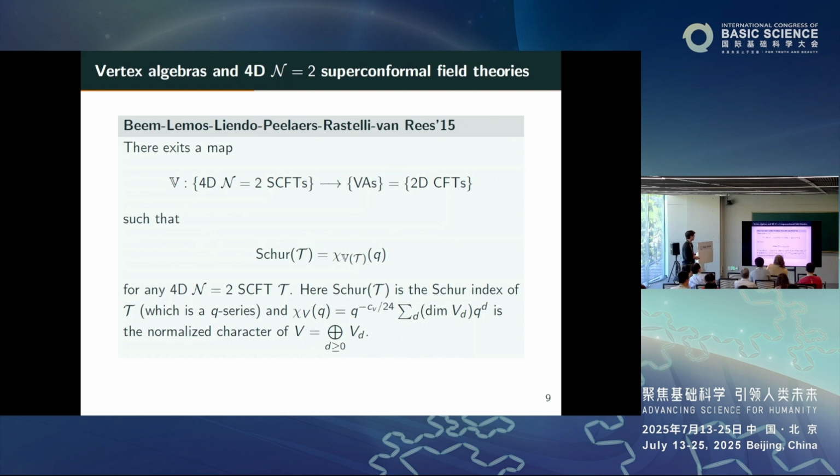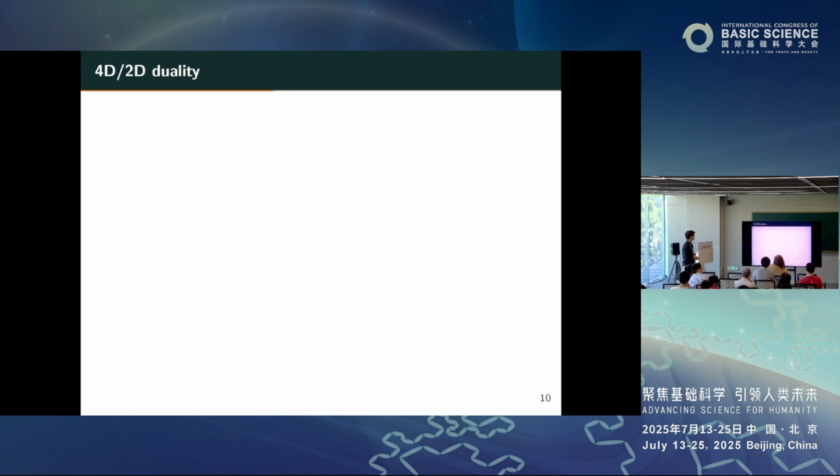And so this is quite an interesting map. One of the properties of this map is the following. There's a notion of central charge in physical theory, which takes positive value for a unitary theory.